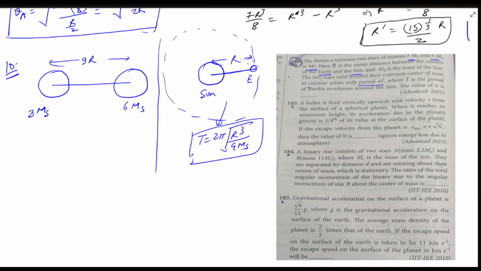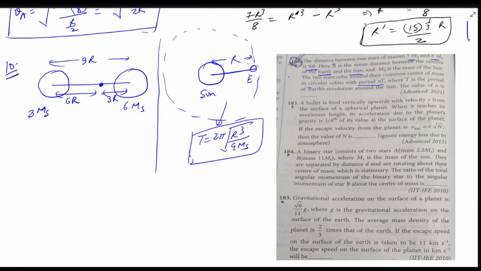Right. So they are also moving, and we know they are moving about their center of mass, and we can also find the center of mass. So if the distance is 9r and this is 3Ms and this is 6Ms, where will the center of mass be? It will be 6r from this and 3r from the star whose mass is more.